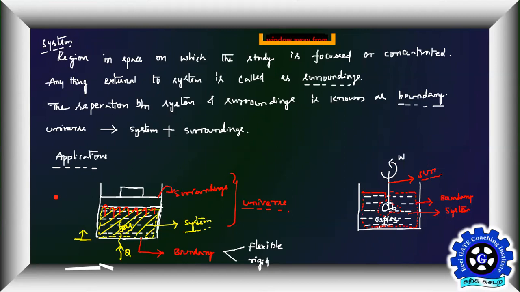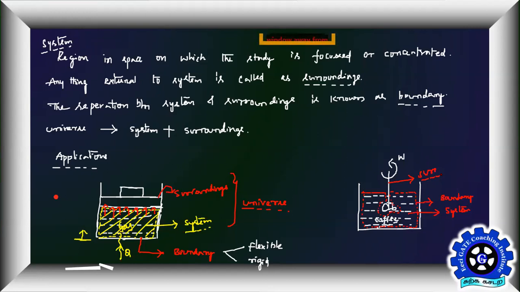Why am I spending a lot of time here? This is a very important statement: for any problem you see in thermodynamics, without this you cannot study thermodynamics. Every statement I have written in red, yellow or white in this slide is very important in understanding thermodynamics or in solving problems.